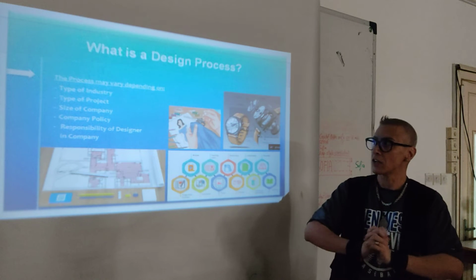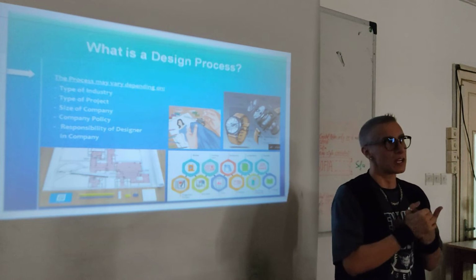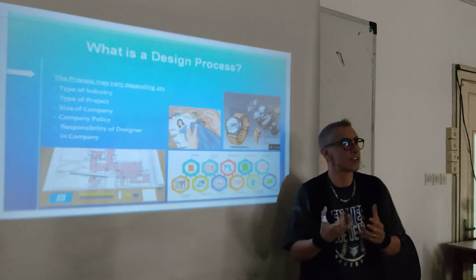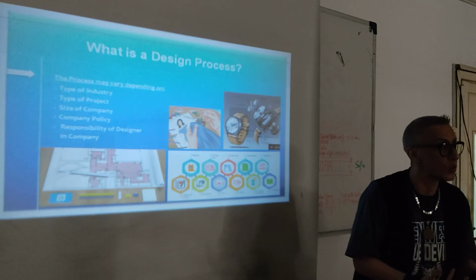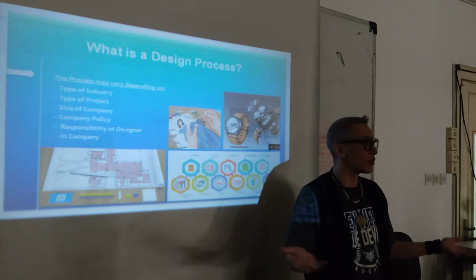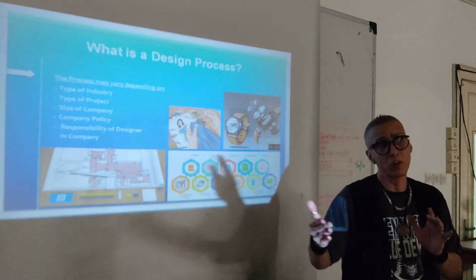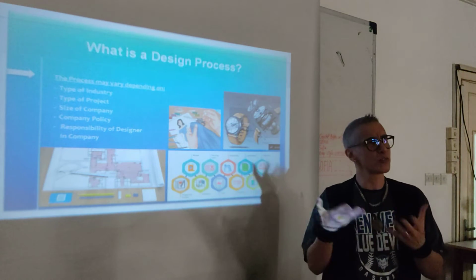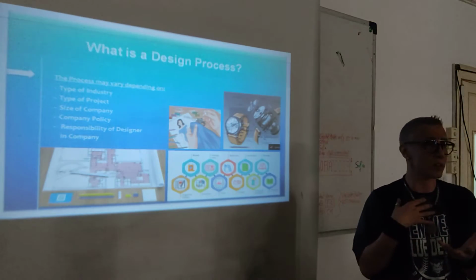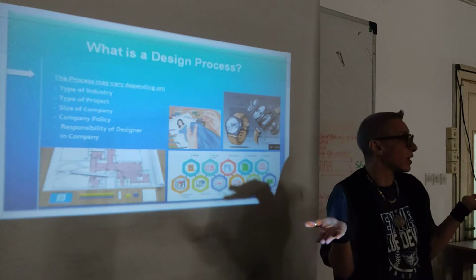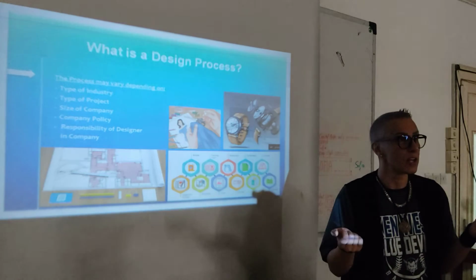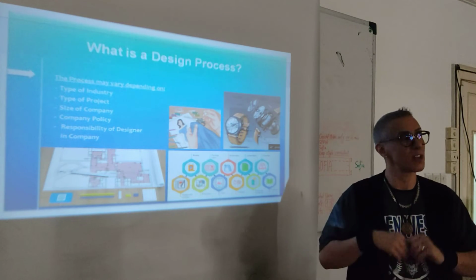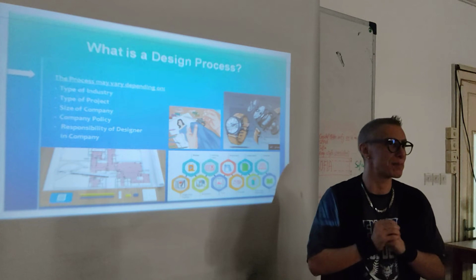So sometimes the company itself chooses the process that you have to use. Maybe in the university you use a certain process, then when you go to work in a certain company you find they're doing things in a different way than what you're used to. And that's okay. That's how it is in real life. If you go to another company, you'll find other things happening.